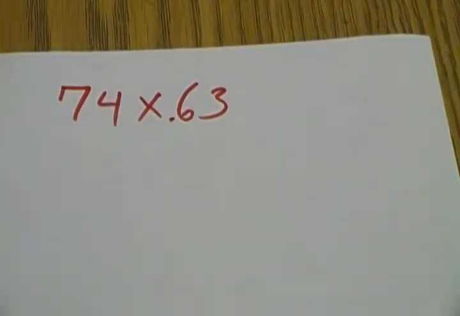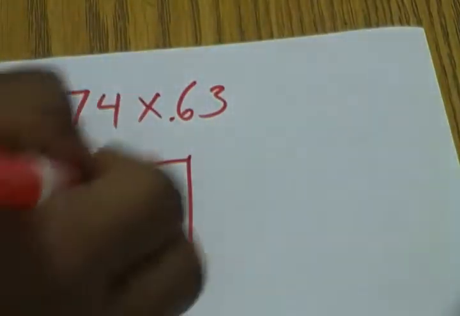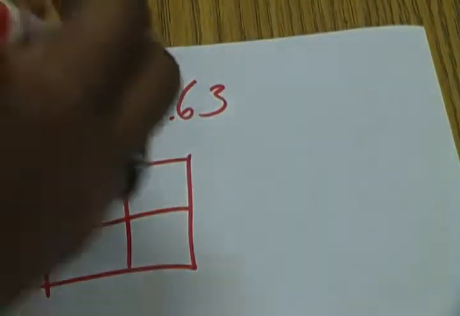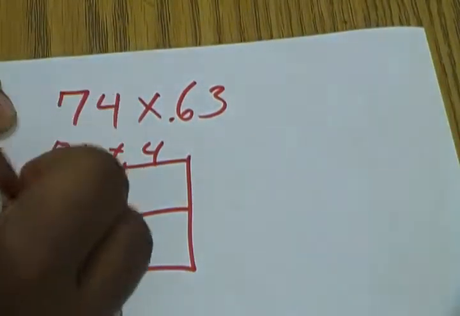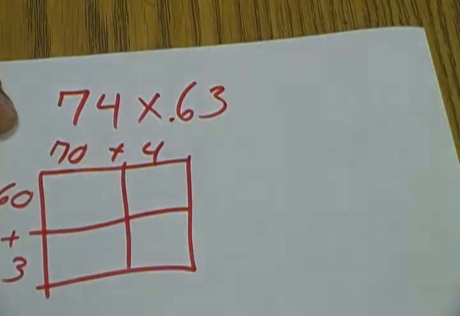Once again, we're going to pretend like that decimal is not there. And I'm going to do the box method one more time here. So we're going to do 70 plus 4. We're going to do 60 plus 3.